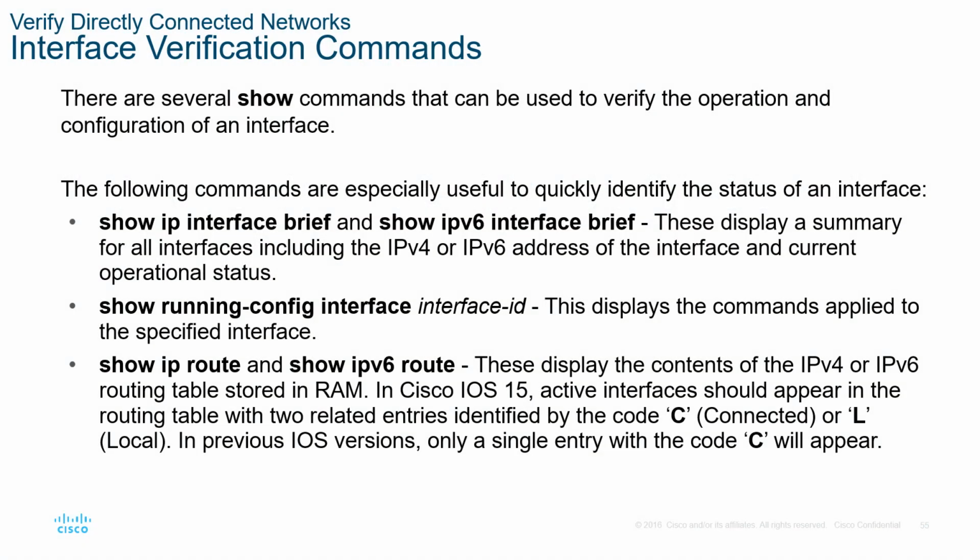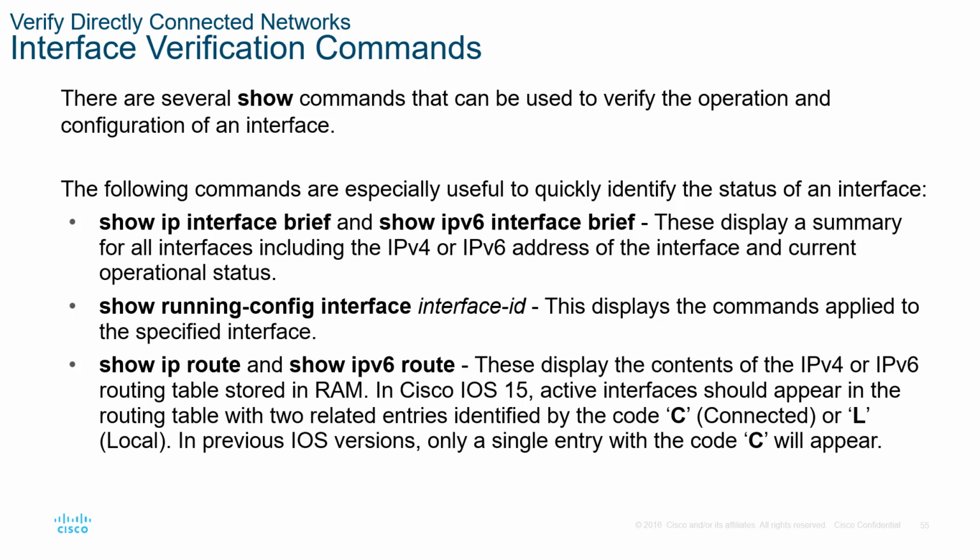We have three main show commands: show ip interface brief, show run, and show ip route. Again, the show ip interface brief, we have both IPv4 and IPv6. Same thing with show route, with IPv4 and IPv6. When we do a show ip route, we have two types of items that will be connected.